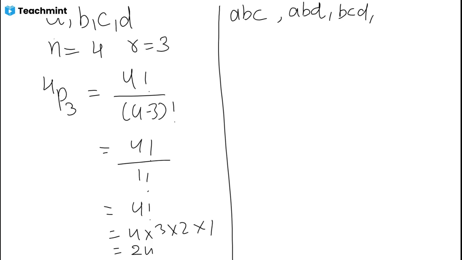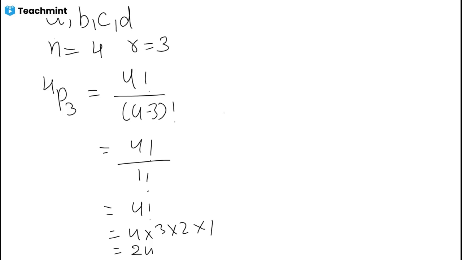In this way, you will surely get 24 words by using any three letters out of these four. So this is the formula of permutation, or you can say number of arrangements. Shall we do combination next? If you want to do some more questions, then you can tell me. Otherwise, we'll do the next.